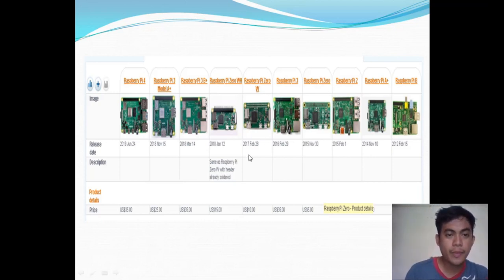In Raspberry Pi 3 Model A Plus, $25 converted to pesos is 1,298 pesos and 53 centavos. Raspberry Pi Zero, $15 converted to pesos is 779 pesos and 12 centavos.